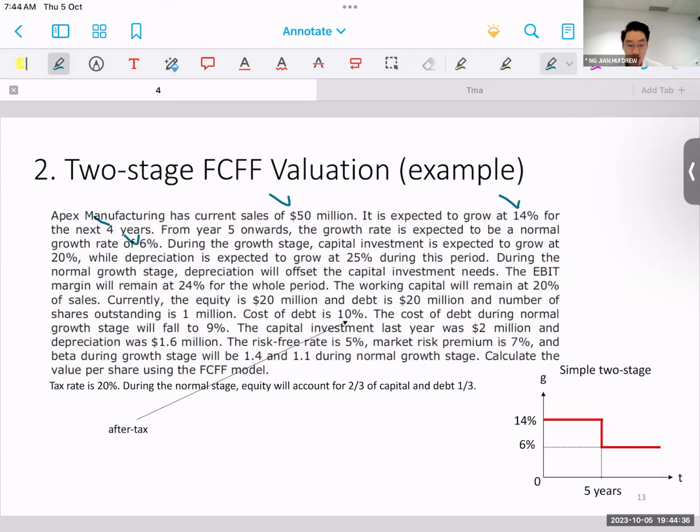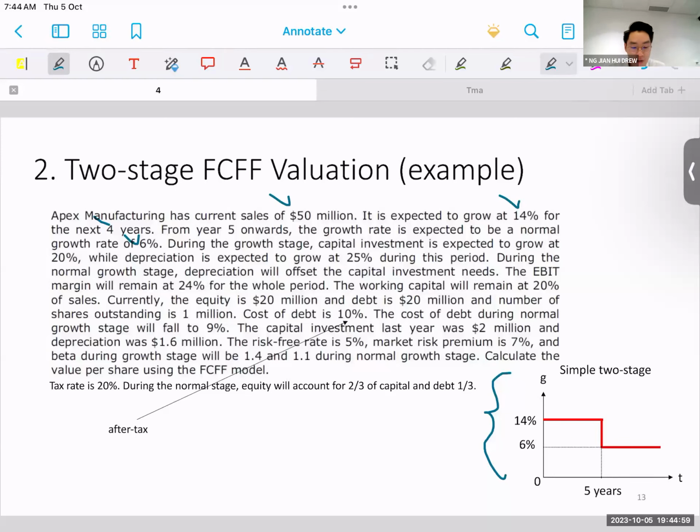So initially it's 14, and then it goes to 6. And I have drawn this small little graph, which I like to do because it helps you visualize. Usually it's not given in the question, right? So we have already put down the high growth is 14, low growth is 6, and the normal growth actually happens at year 5 onwards.